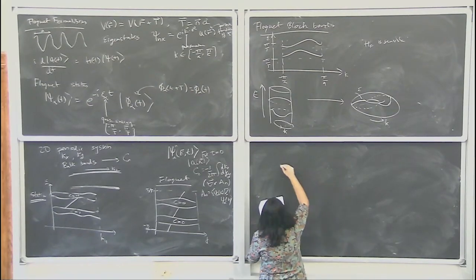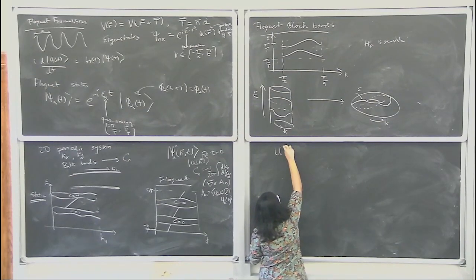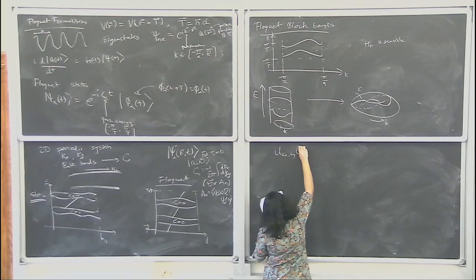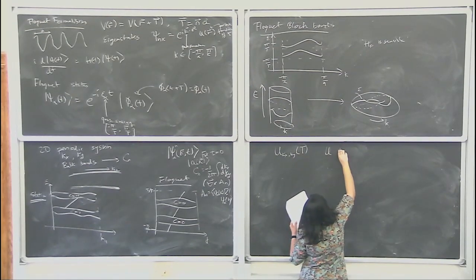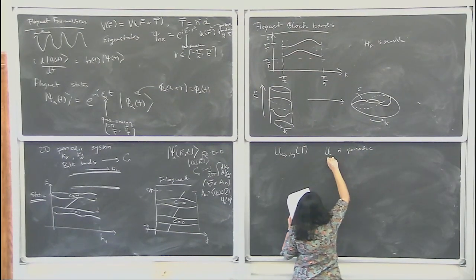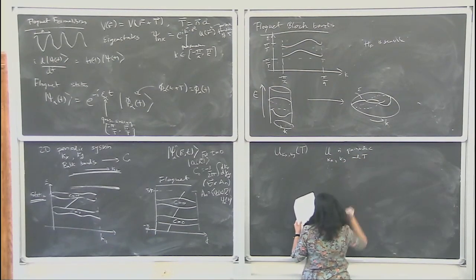so what ends up happening is, we have U of kx, ky, and t, right? But this U is periodic in kx, ky, and t, right?